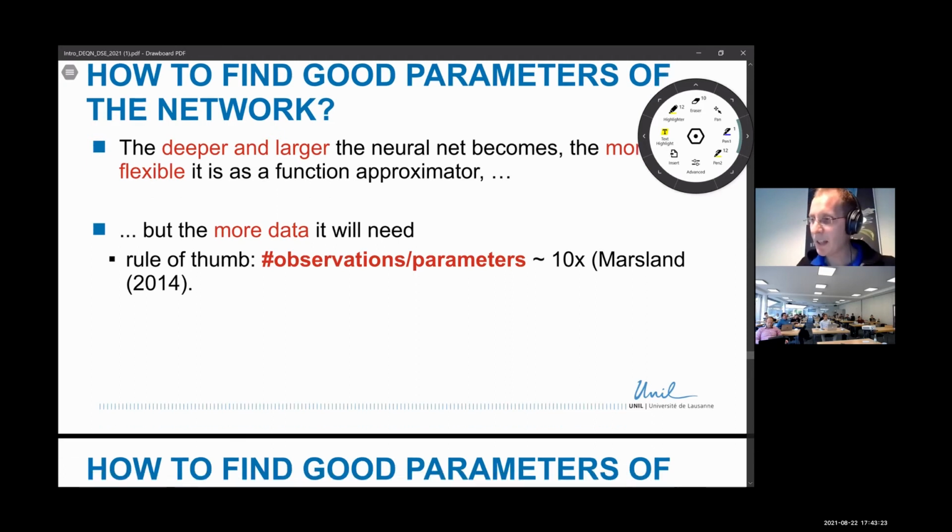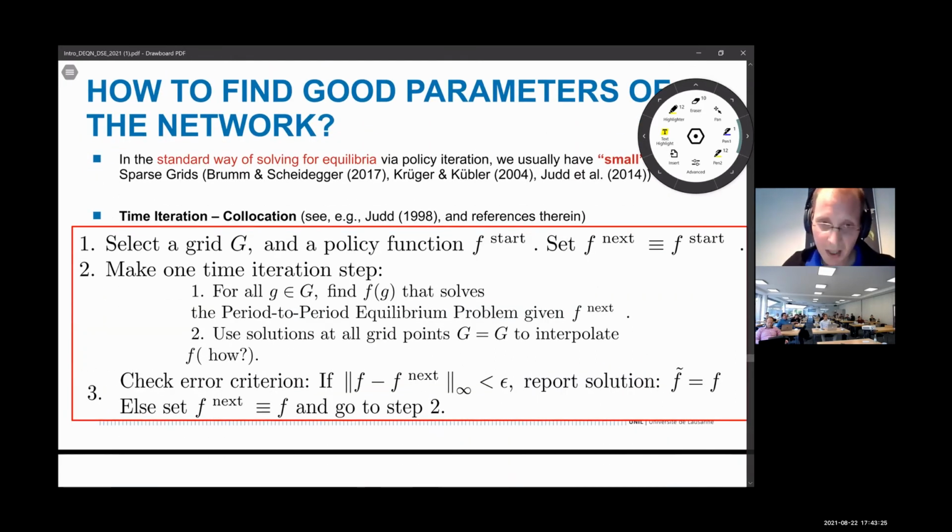When we typically solve, say, an overlapping generations model, we set up our sparse grid. So for all the states, we have an upper and a lower bound. Then we solve the model at iteration step 1. And then with time iteration, we update the policy given the previous iteration's solution.